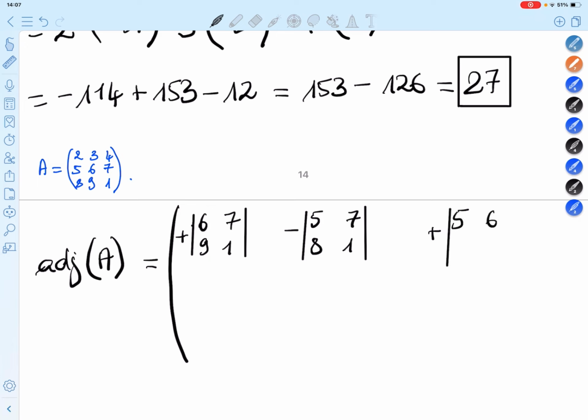Then don't forget that we need to transpose this.